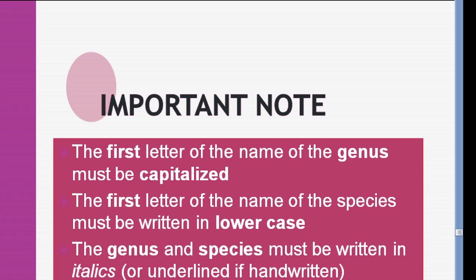But if you use your hand, if it is handwritten, you must underline the genus and the species separately. So you must underline the genus and then underline the species.